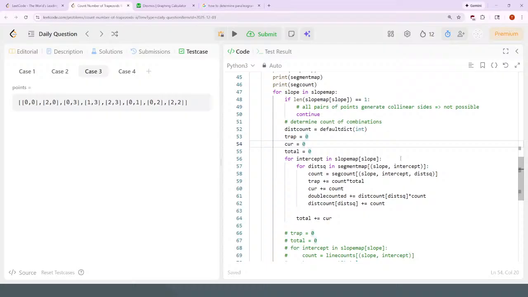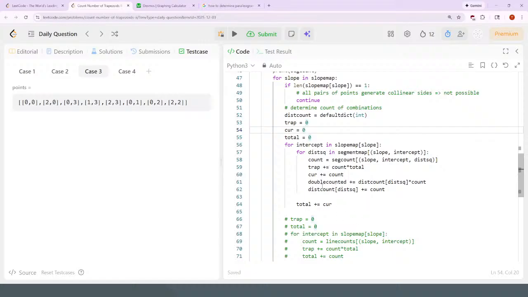And then I increment the current distance. Why doesn't this work? Distance count. Distance count for this distance squared is incremented by the count.